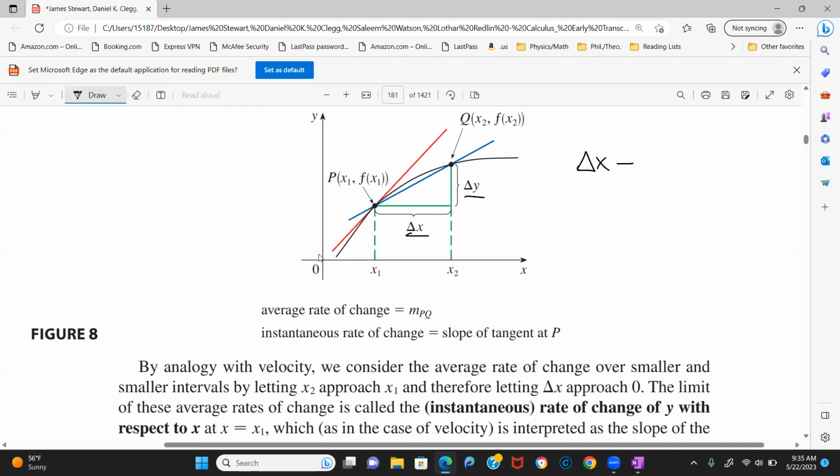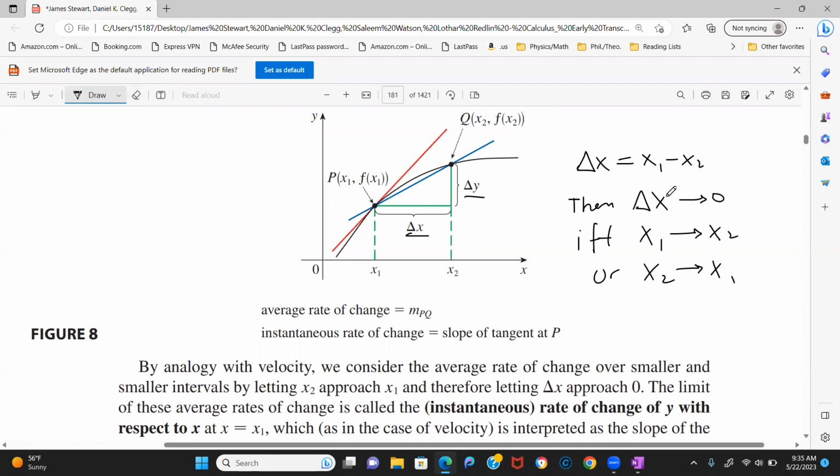So if delta x is equal to x1 minus x2, then we can say that delta x approaches 0 if and only if x1 approaches x2, or equivalently x2 approaches x1. Either way, you get the same type of idea.